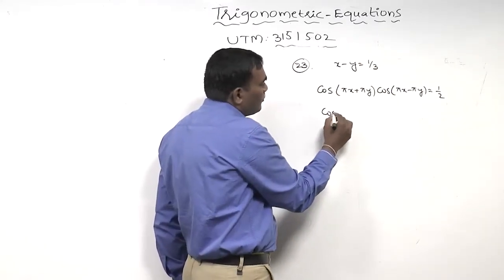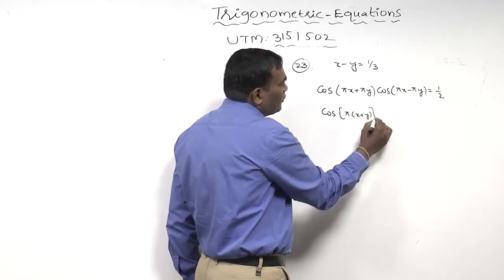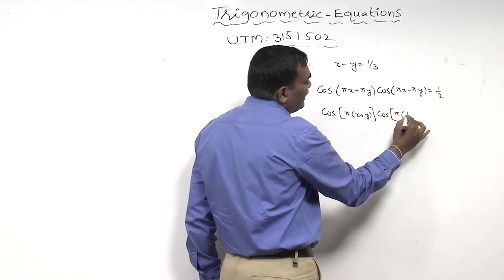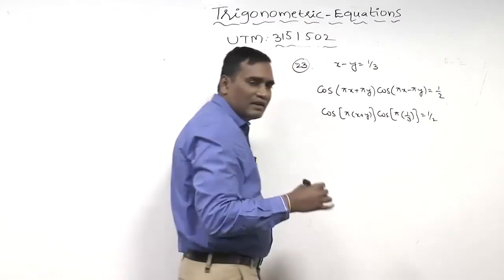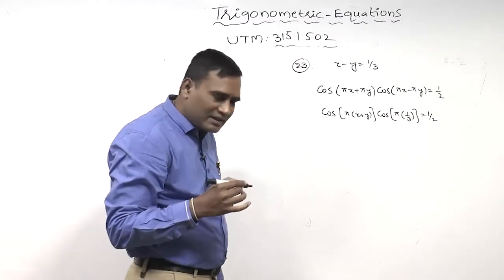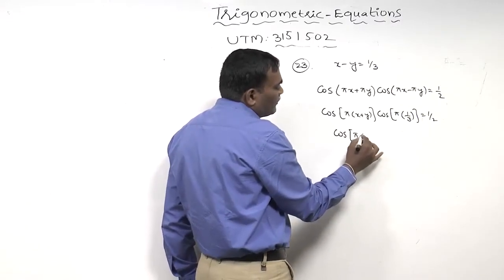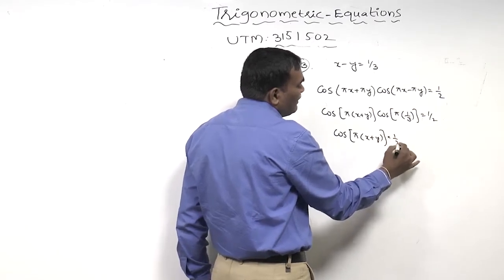Cos of pi into x plus y into cos of pi into 1 by 3 is equal to 1 by 2. What is cos 60? Cos 180 by 3 is 60. Cos 60 is what? 1 by 2. Cos of pi into x plus y, into 1 by 2 is equal to 1 by 2.